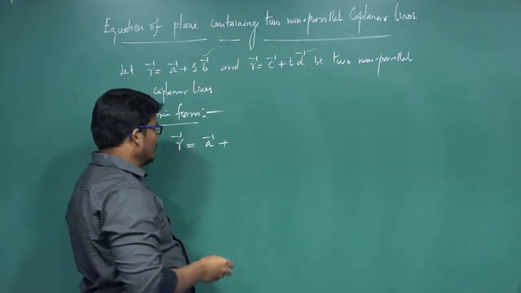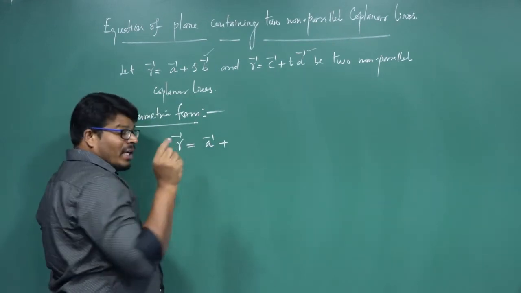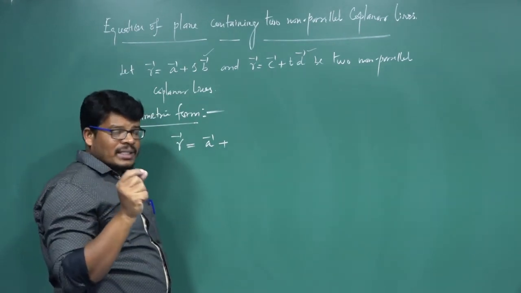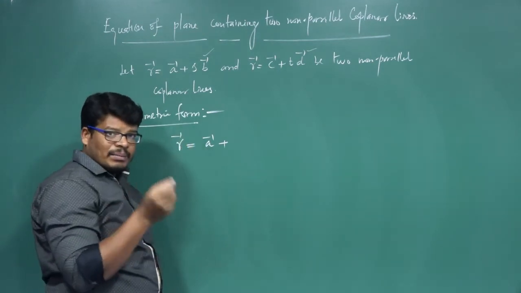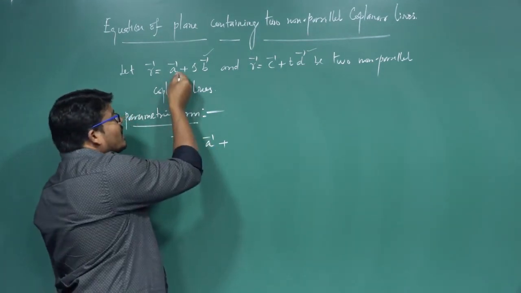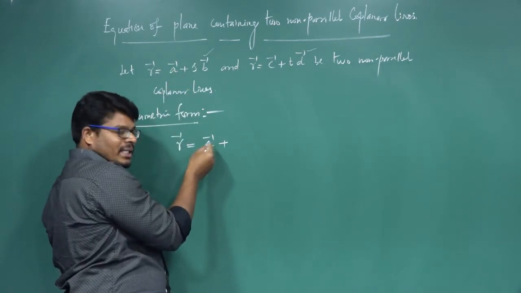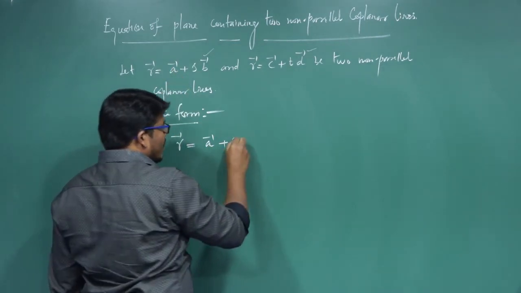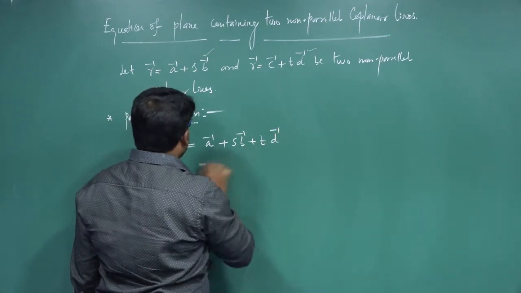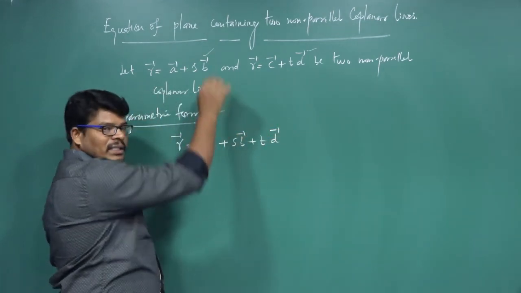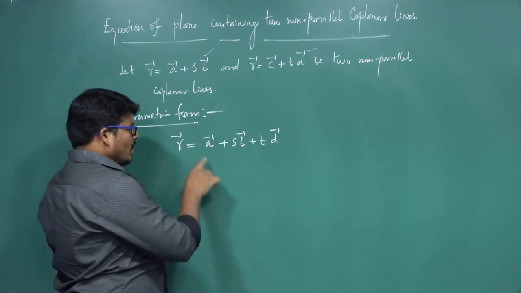Now write the parametric form in vector form: r vector equal to, taking any one of the points, first the point a vector, plus s b vector plus t d vector, is the parametric form of the equation of the plane.